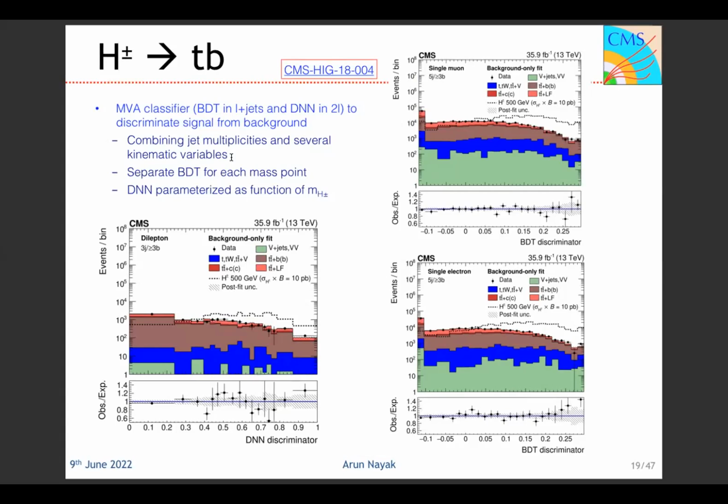For the BDT, of course, they use different training, and for the DNN, it's parameterized as a function of the mass of the Higgs. Here you see lepton channels in high jet multiplicity and b-jet multiplicity categories, and you can see the expected signal excess. Similarly for the DNN case in the dilepton category.